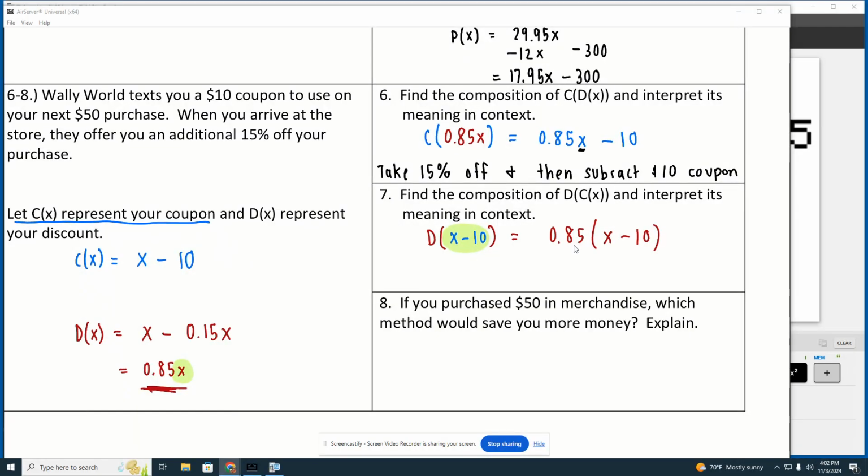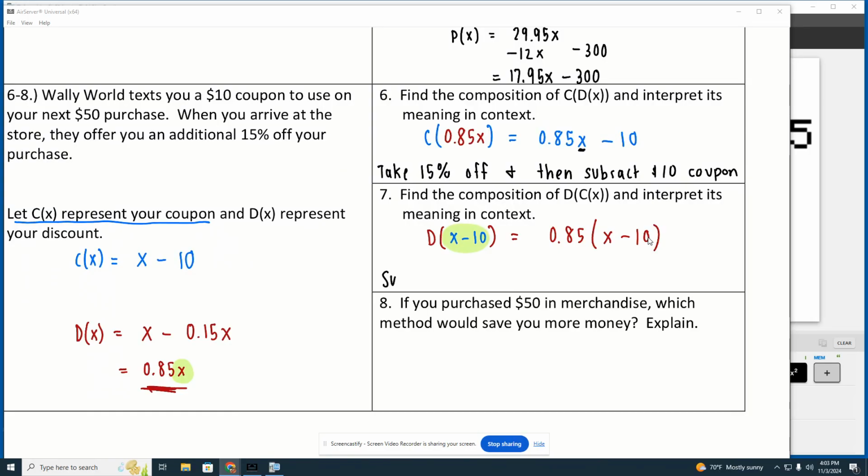Now, I want you to notice, I could simplify that, and it might be helpful to you if you did, but just looking at it the way it's written compared to this one the way it's written, if I purchase something, whatever that purchase is, x, what would happen first? Well, as you see here, you would subtract the $10 coupon first.